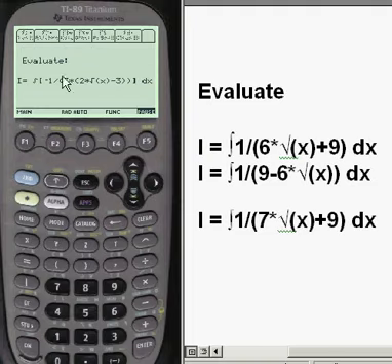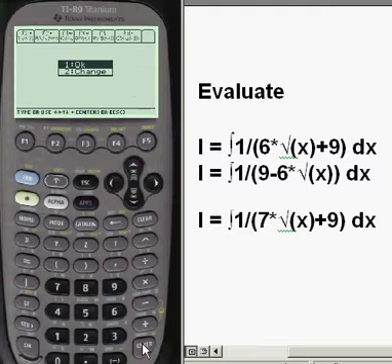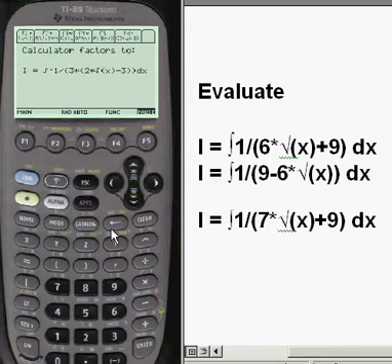Now that factored it again. Say it's okay. And then we notice it brings the minus sign out into the numerator here, so that we have to deal with that.